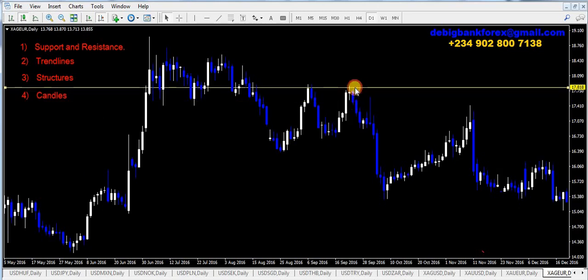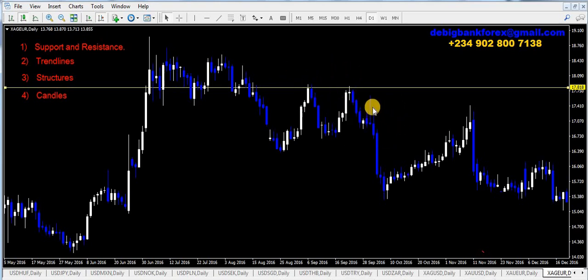Then you can call this a doji or a spinning top. Some people like to call this a spinning top. Maybe some people feel that a doji should be thin, like the line should be thinner than this. But me, I see a doji and spinning top as almost the same thing, because they signify the same thing, which is indecision. Indecision means that the market is at a particular level and the market doesn't know what to do.